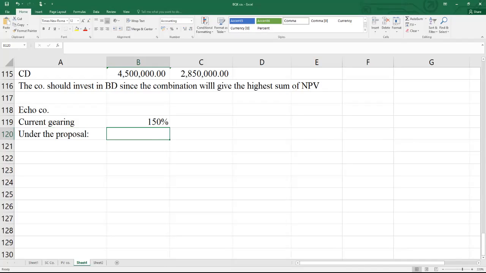Debt has increased: currently it's 30 plus the new 15. There's no change in equity because this company is not going to invest its money anywhere, so equity remains at 20. Therefore the gearing is 225%.